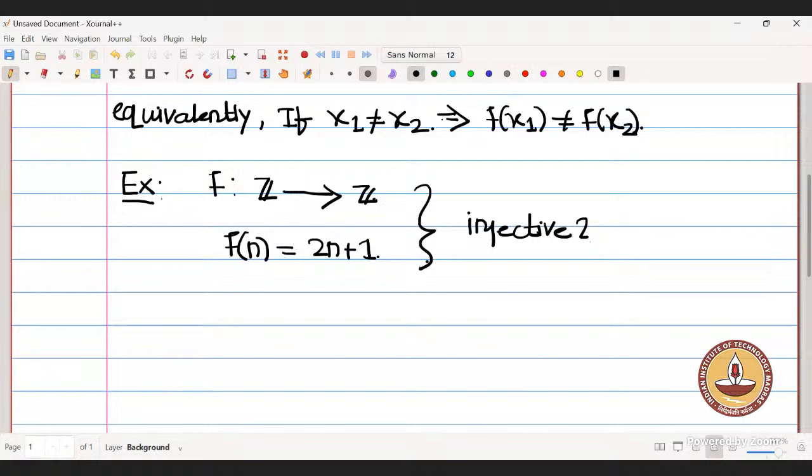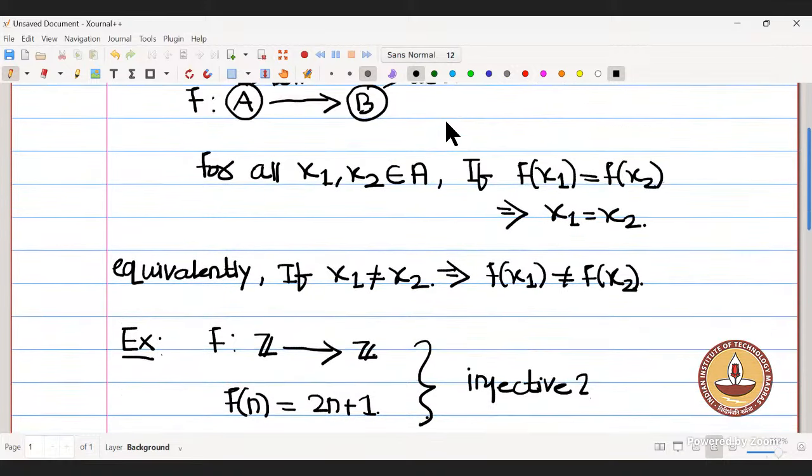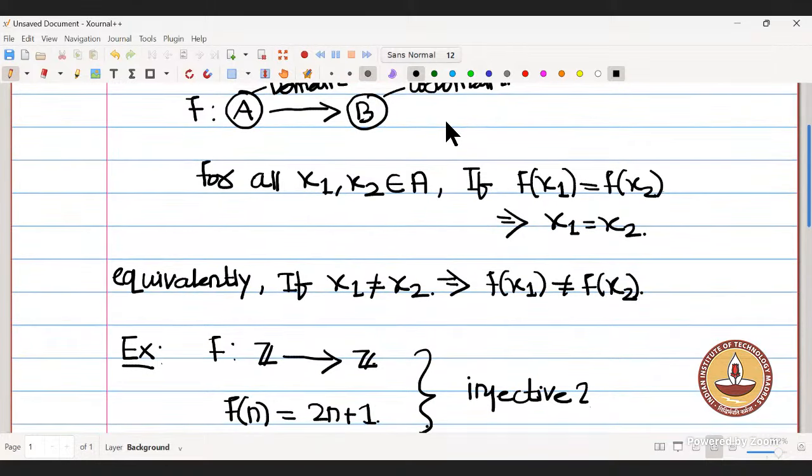We consider n1 and then 2n1 plus 1 is equal to 2n2 plus 1, and then we try to check if n1 is equal to n2. Correct, absolutely. So in this case, you are applying the first rule.